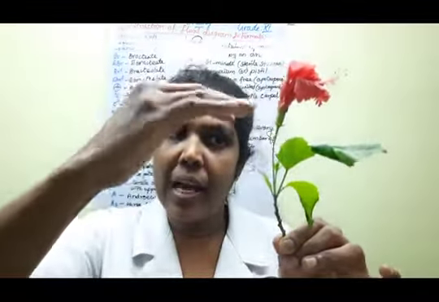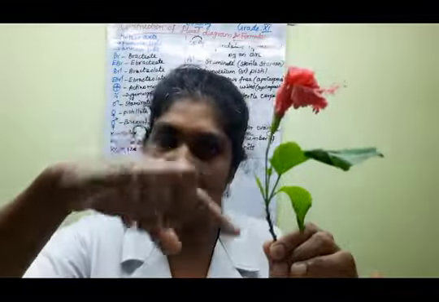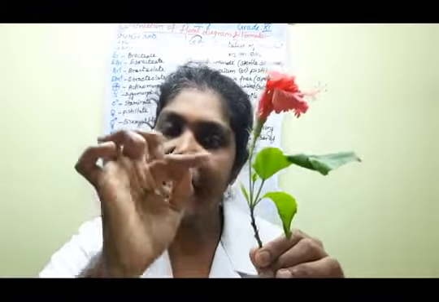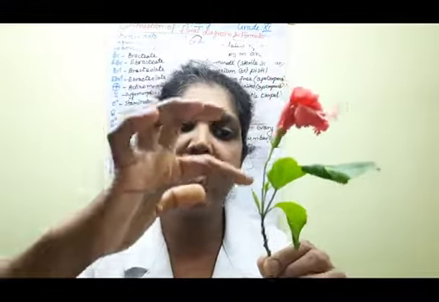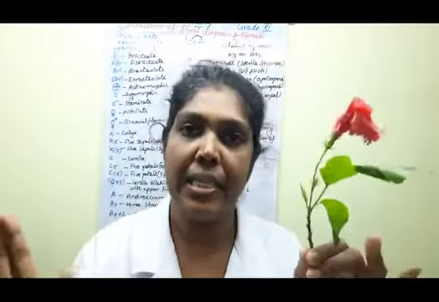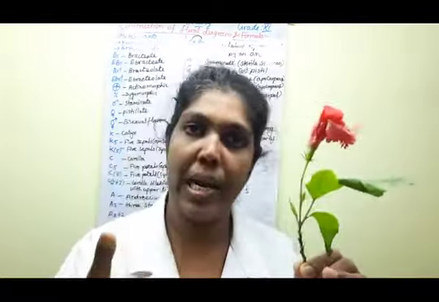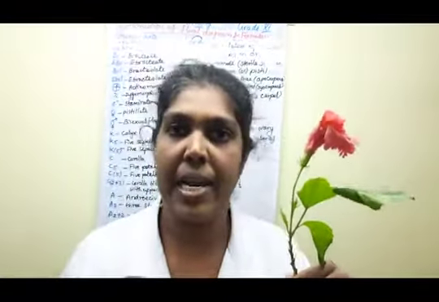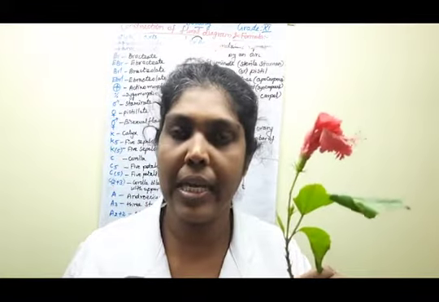Understood? So this is the bract region, and that side we declare as the anterior side. So this is how we identify the posterior side and how we identify the anterior side. Understood, children? Say yes or no.